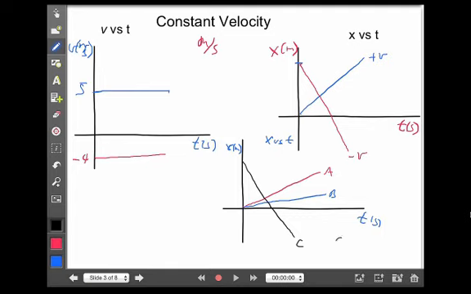So line C would have the highest velocity, line B would have the lowest velocity, and A would be somewhere in the middle. So the steepness of the slope on a displacement time graph tells you how fast or how slow the constant velocity is.